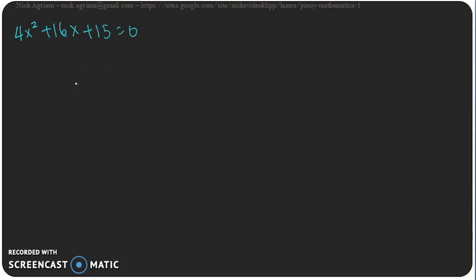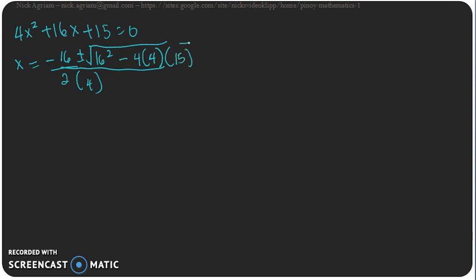If we take the quadratic formula, we have negative b, which is negative 16, divided by 2 times a, which is 4. Then plus minus the square root of b, that is 16 squared, minus 4 times a, which is 4, and times 15.